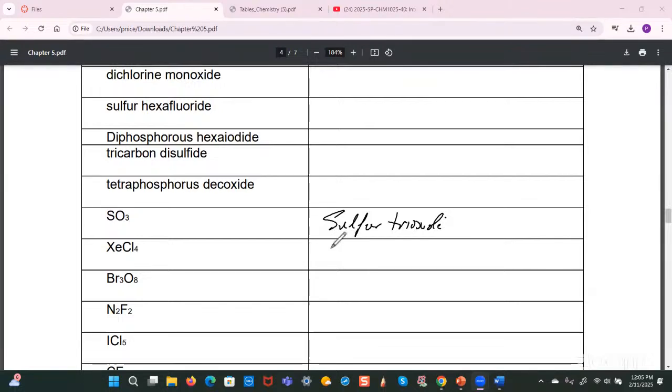What's the name of the first element represented by Xe? Xenon. And then how do we deal with the second part, the Cl4? How do we name that part? Tetrachloride, exactly. Tetrachloride.